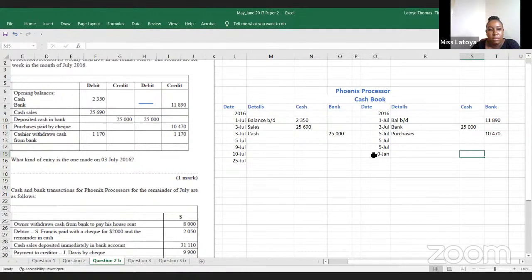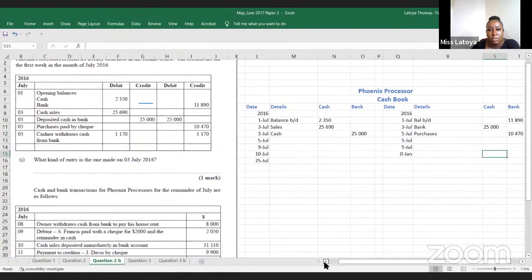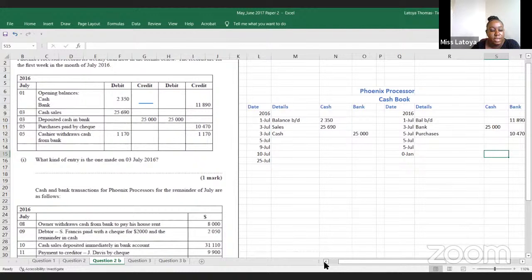$470. Next transaction. On the 5th again, cashier withdrew cash from bank. We have a debit and a credit entry. So on the 5th here, we're going to have bank 1,170.